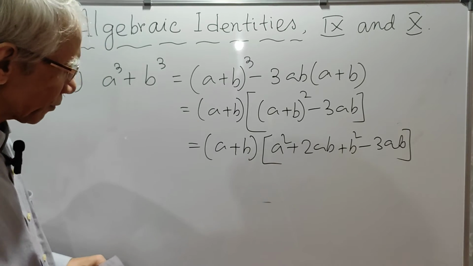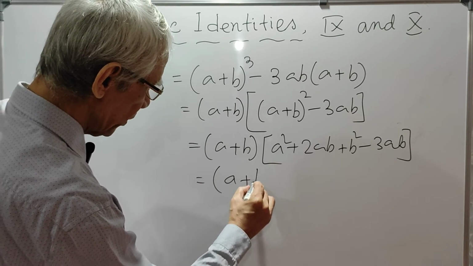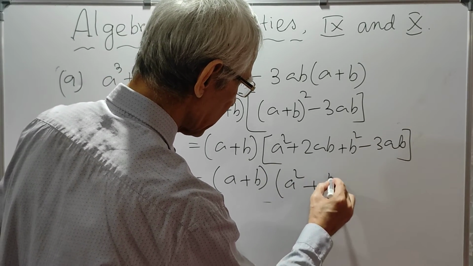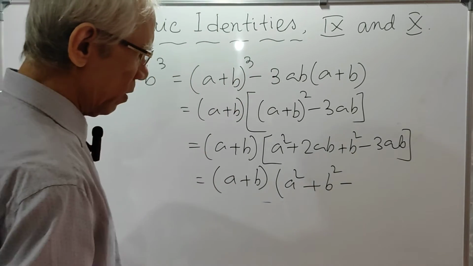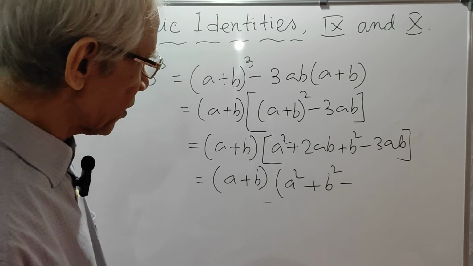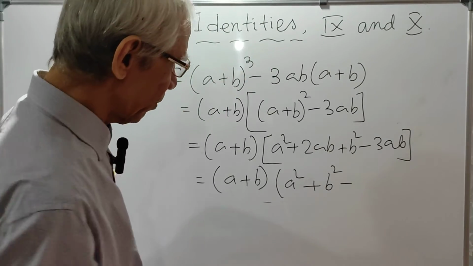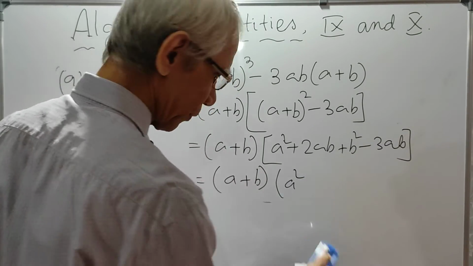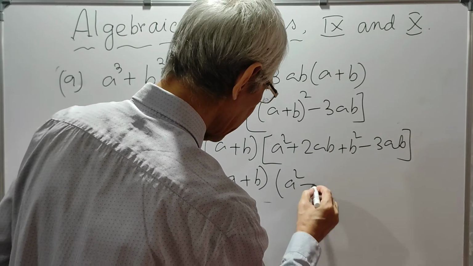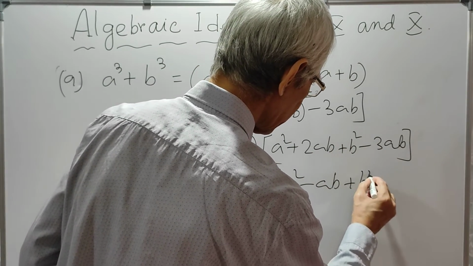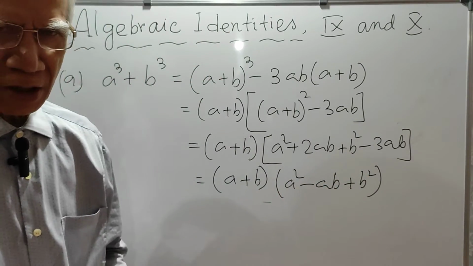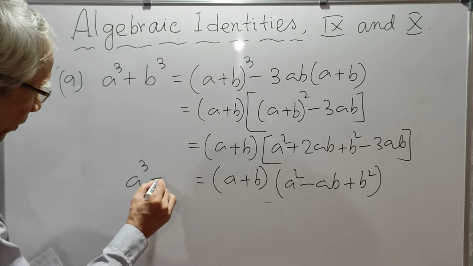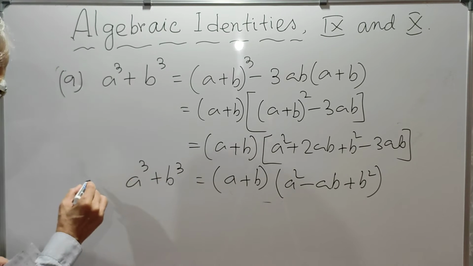So what do you get? (a plus b) times a square plus b square, and these two together minus ab: a square minus ab plus b square. Now if you write a square plus b square minus ab, nothing wrong, but remember you have to memorize it in this form. So a cube plus b cube equals this. This is the 11th identity.